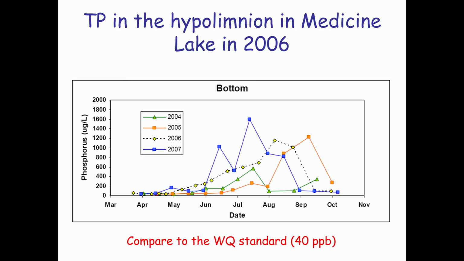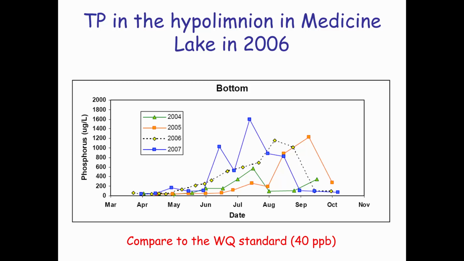And here we see the total phosphorus concentration near the bottom of the lake for all 4 years. You can see the maximum total phosphorus concentration near the bottom of the lake in 2007 was almost 1,600 microgram per liter. Compare that to the 40 microgram per liter water quality standard.